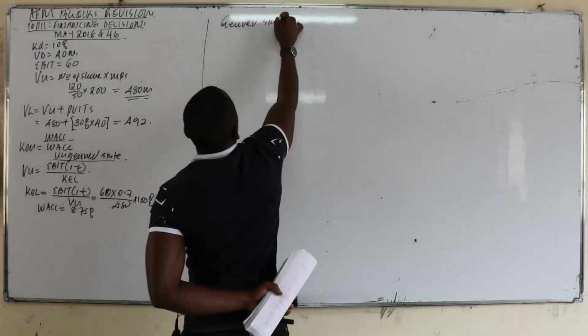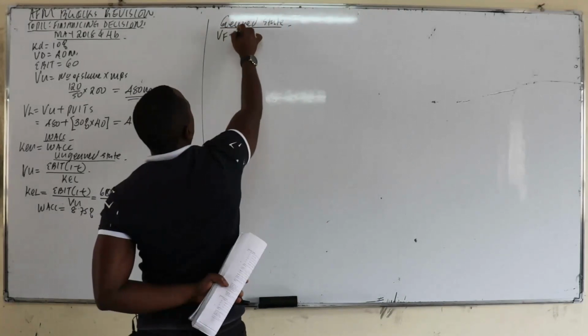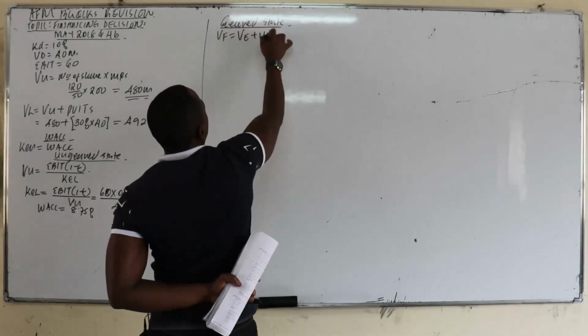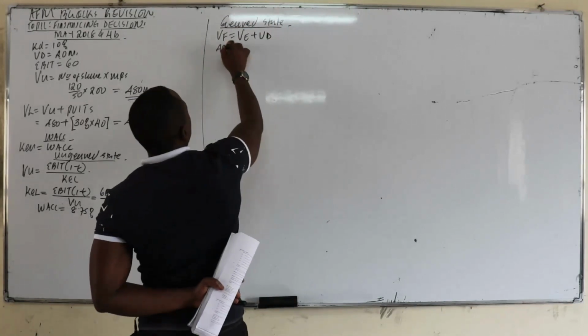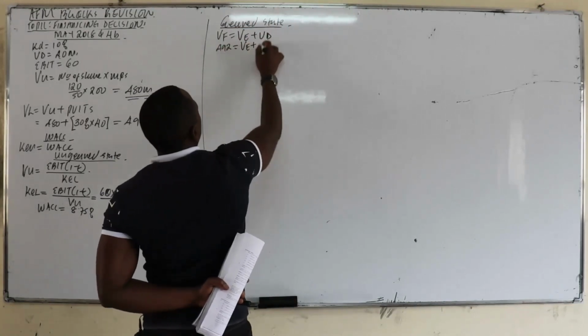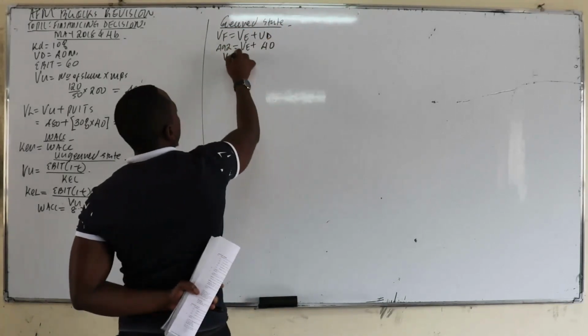Now let's look at the geared state. If they now use the debt, we know the value of the firm is made up of the value of equity plus the value of the debt. They are proposing to use a debt of 40, so how much will be the value of the equity?